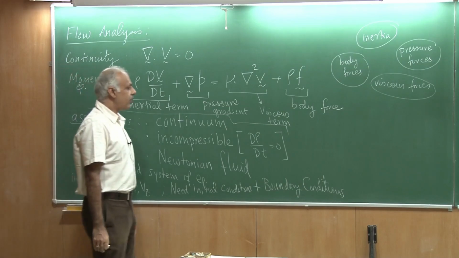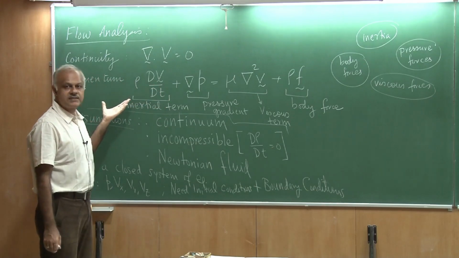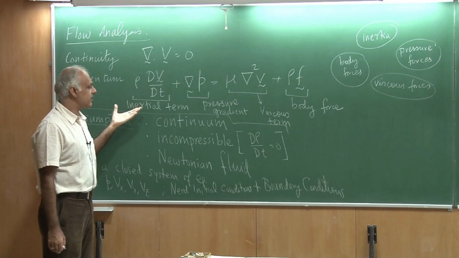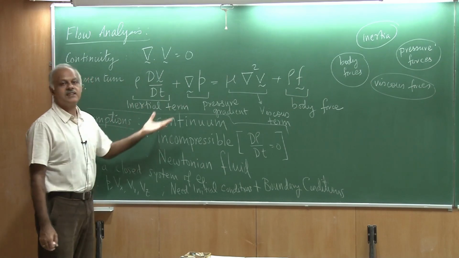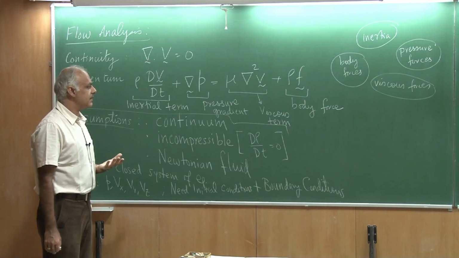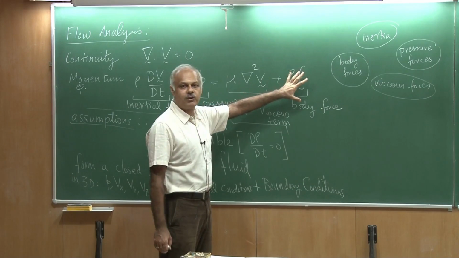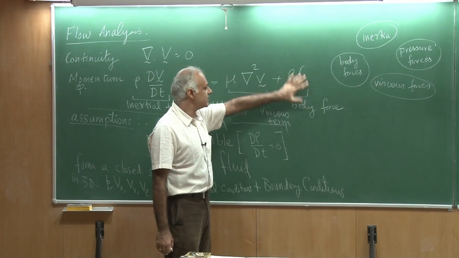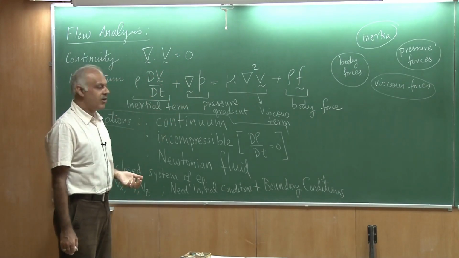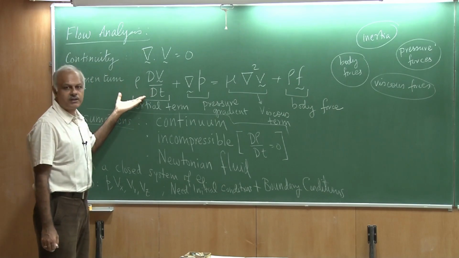Now what can happen is, in a certain scenario, because these are very general equations, maybe some of these terms are not important. So in the most general case, all these terms are important. But I could have a situation where, for example, I do not have a body force, I may want to, or it is very small, so I want to neglect the effect of gravity. So this term drops out, and then only these three terms remain. Or I may have a flow where maybe my inertia is not important.